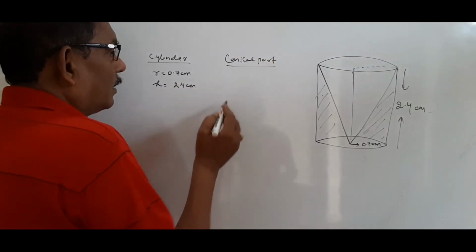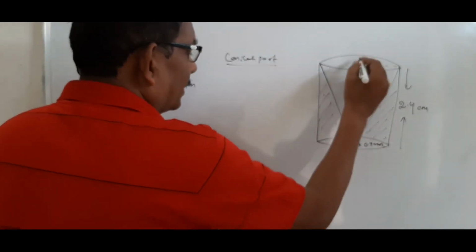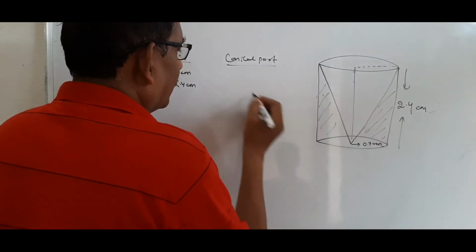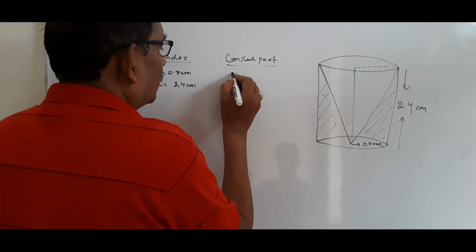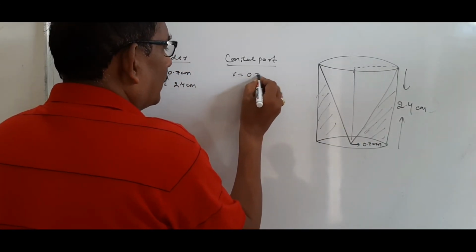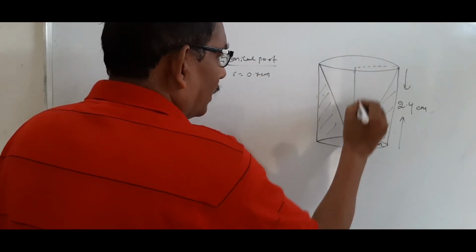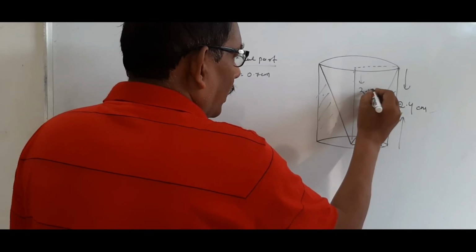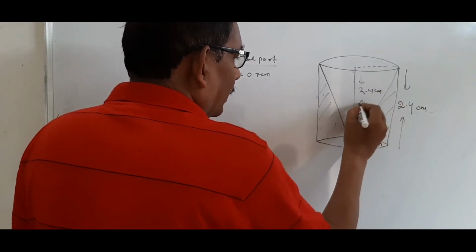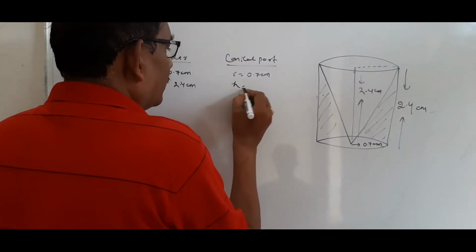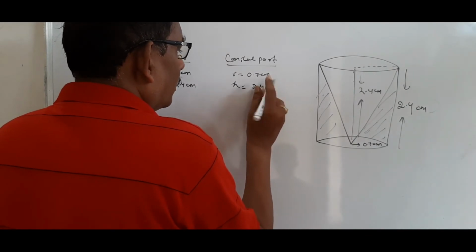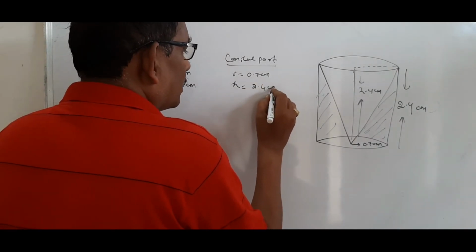For the conical part, it has the same radius as the cylindrical part, so r is also 0.7 centimeter. Height of the conical part is also 2.4 centimeter. It is the vertical height, so h is equal to 2.4 centimeter.